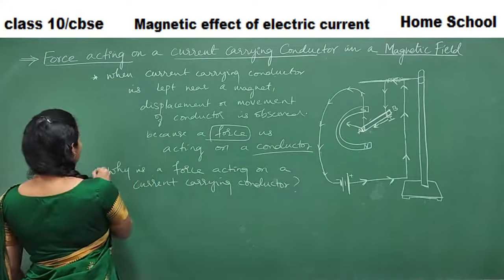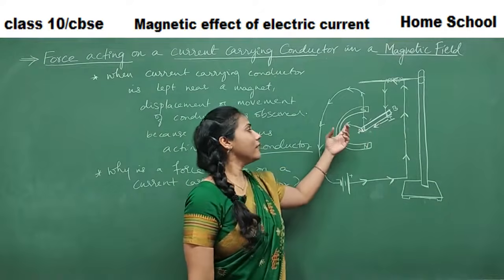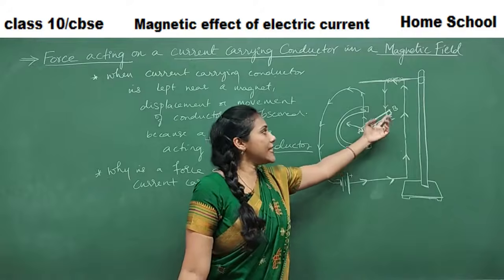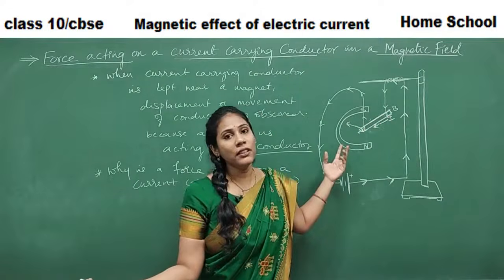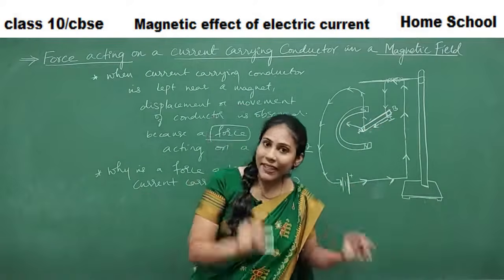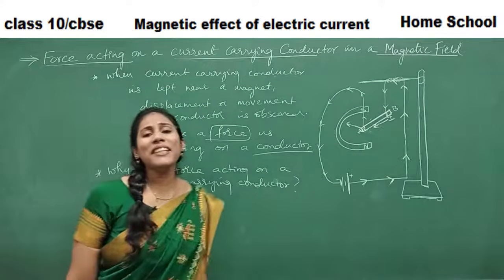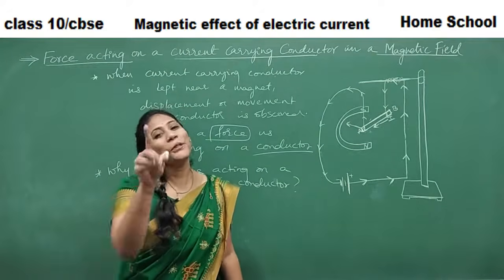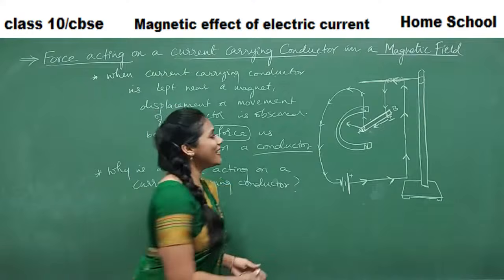One point is very, very clear for us. The current carrying conductor moved, or got displaced, because some force is acting on it. Without any force, it cannot move. So my next question is, why is the force acting on a conductor? It is because two magnetic fields are coming into the picture.